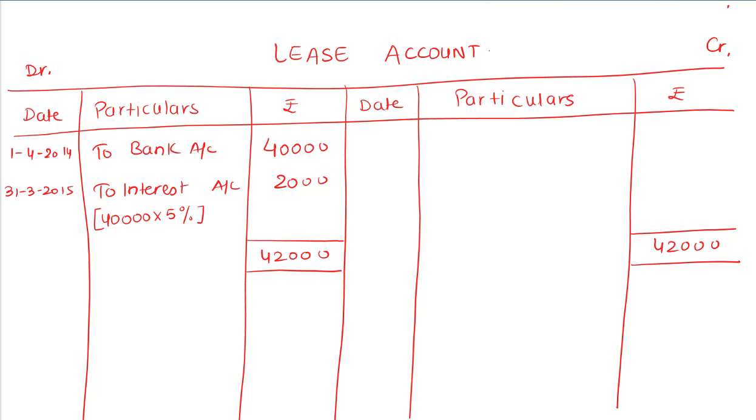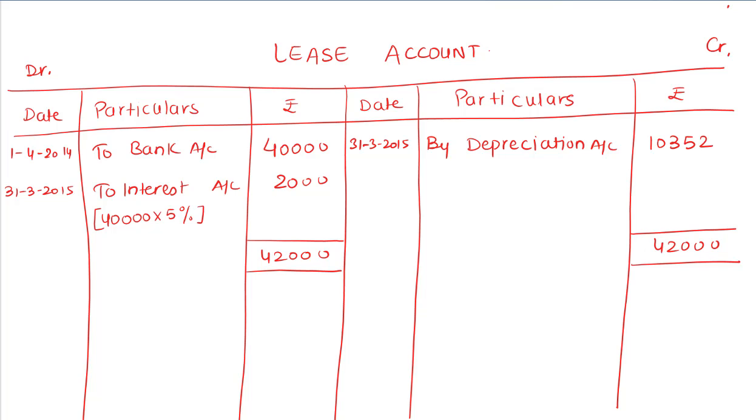Charge depreciation for the year. So 31st March 2015 by depreciation account. We have calculated the annual charge of depreciation in the working note, which is 10,352.